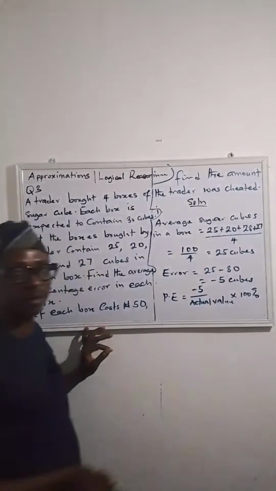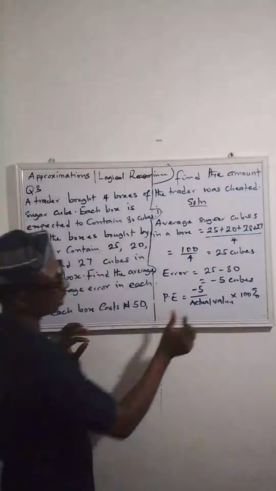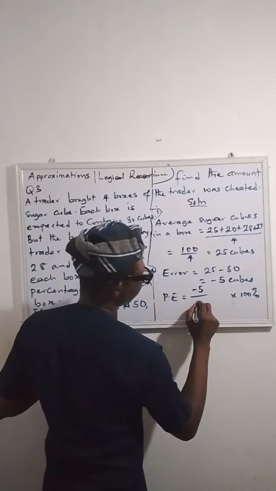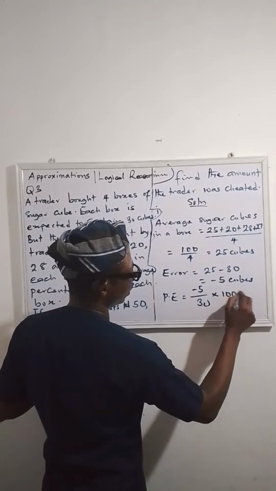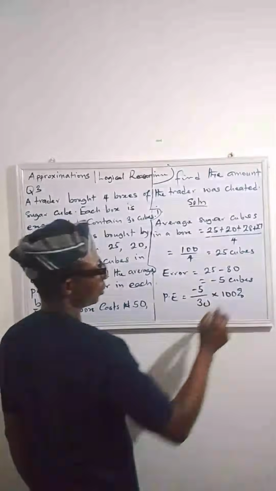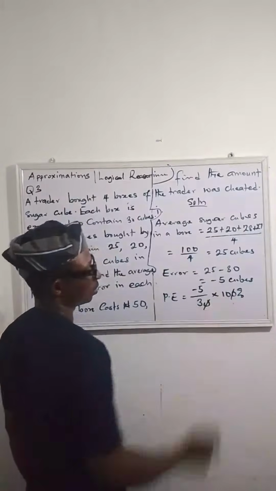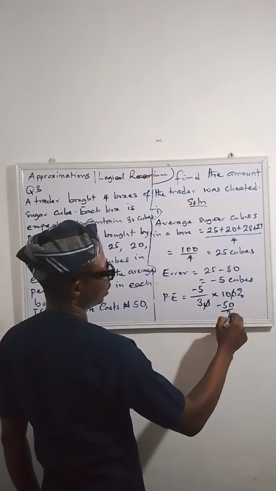What is the actual number of cubes that should be in a box? That is 30. So we have 30 here, times 100%. Okay, can we reduce now? So we cancel this. So we have -50 over 3%.